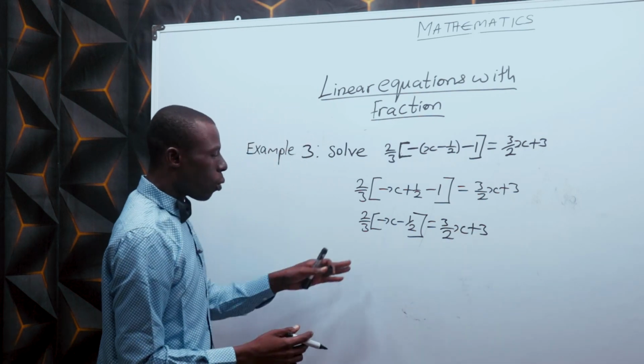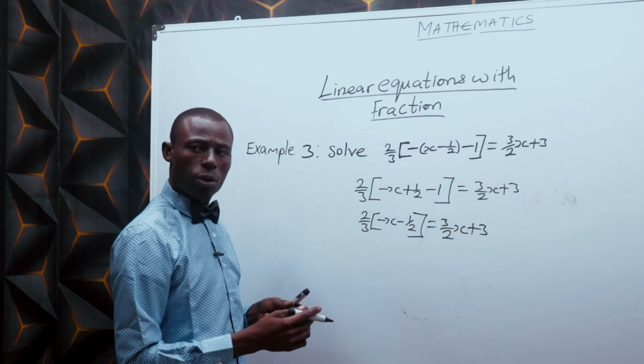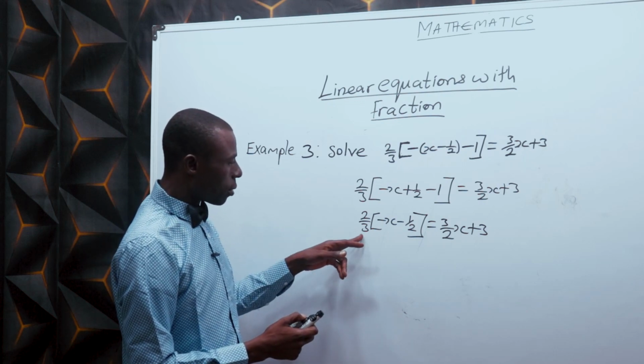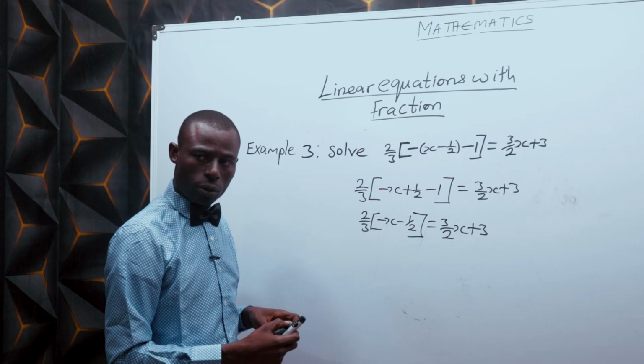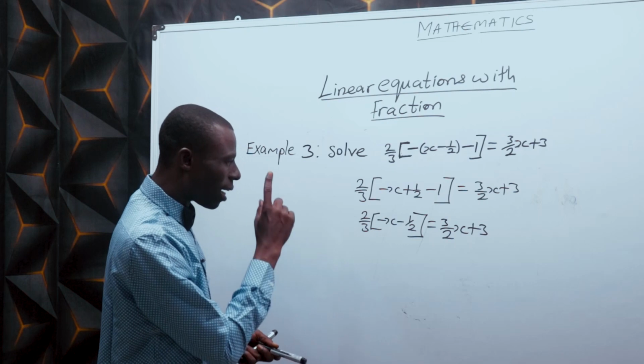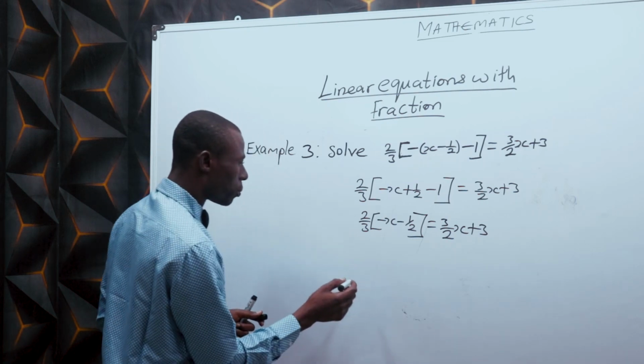Now, what are the denominators of the fractions here? We have 3, we have 2. The LCM of 2 and 3 is 6. So use 6 to clear the fraction here. How?